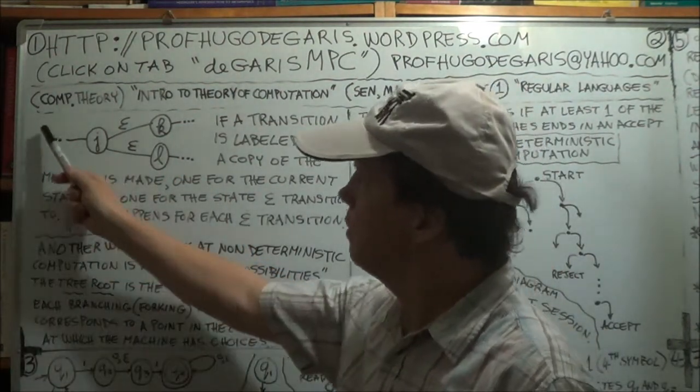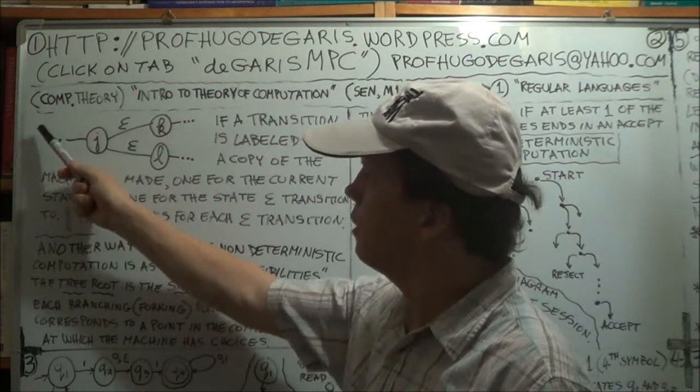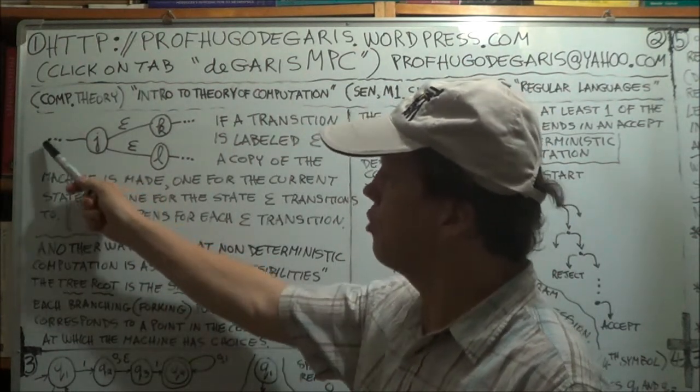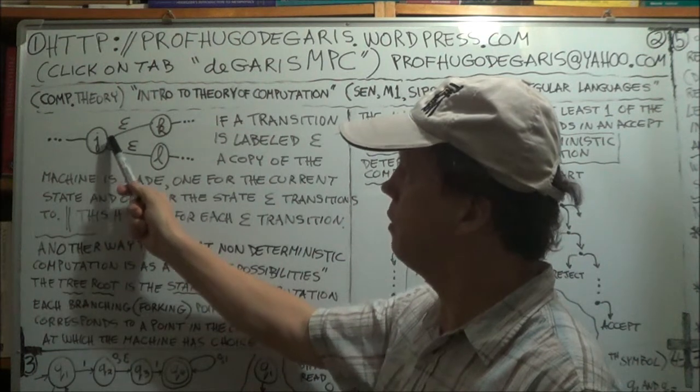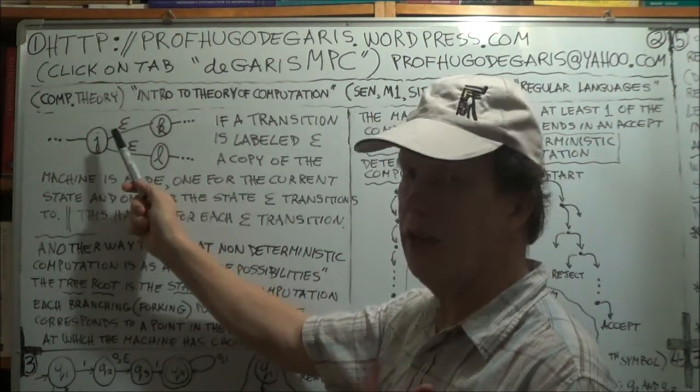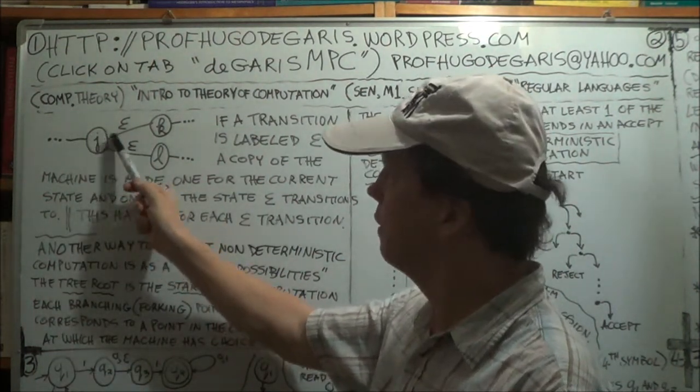So you were at some state here, whatever it was, and you transition to J, and then you have a look. In a sense, you're looking ahead at the next transitions.